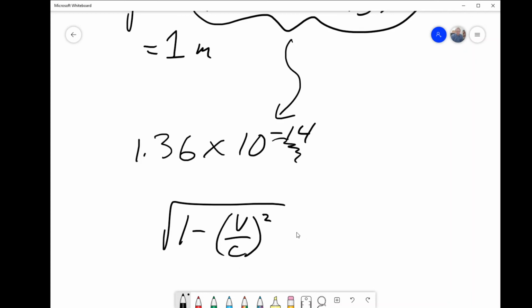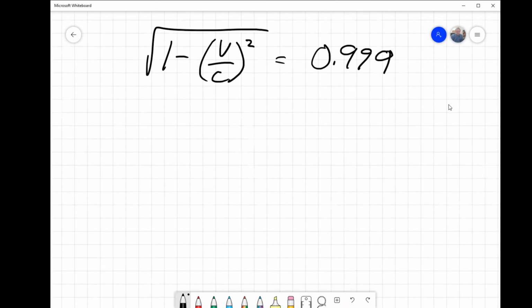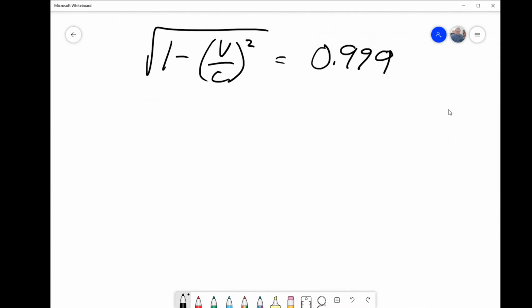If we want to measure to 3 decimal places, we need that to be equal to 0.999. That differs from 1 in the 3rd decimal place. So fairly precise.